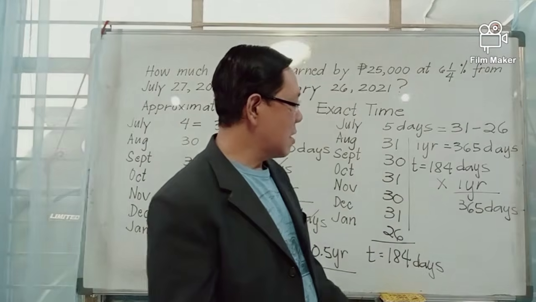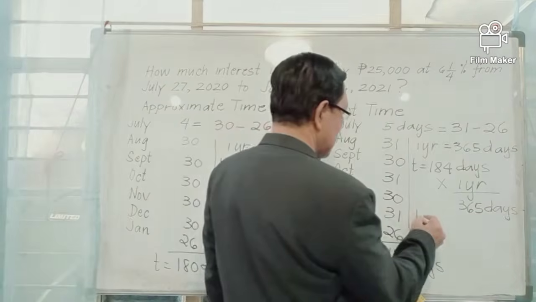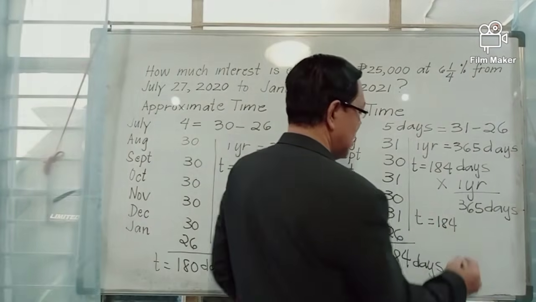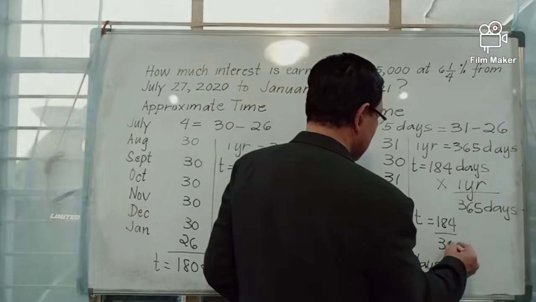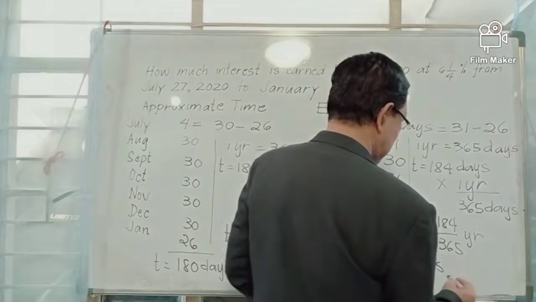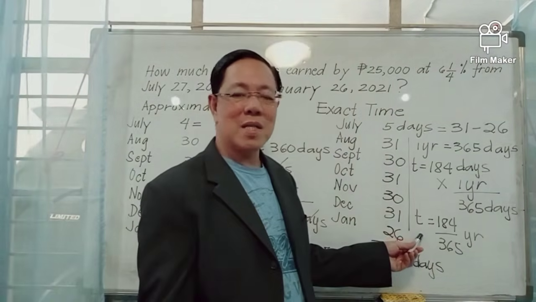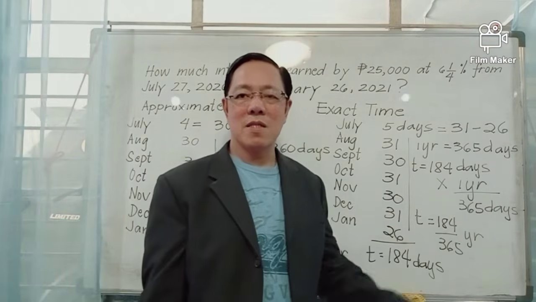And we get the exact time in year. t equals 184 over 365 year. The exact time in year is 184 over 365.